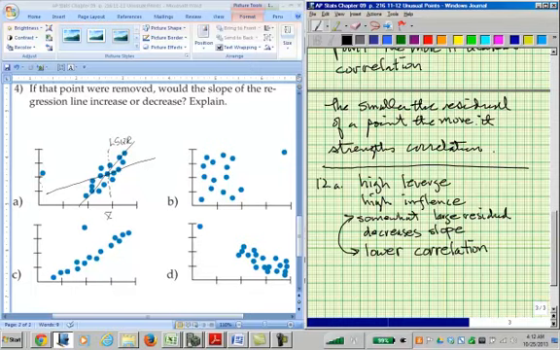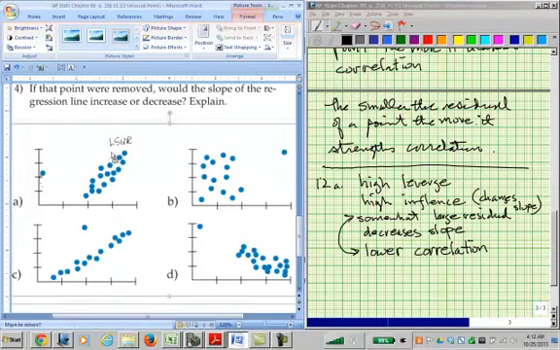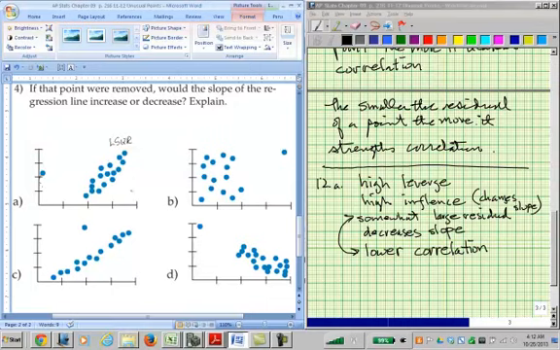Let's erase all this. His influence changes slope. Let me erase all this. Okay. We exclude it.